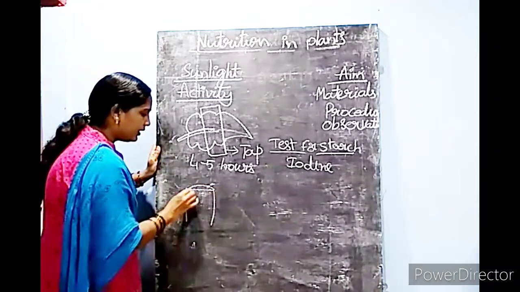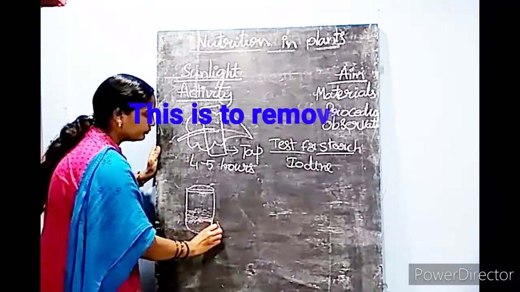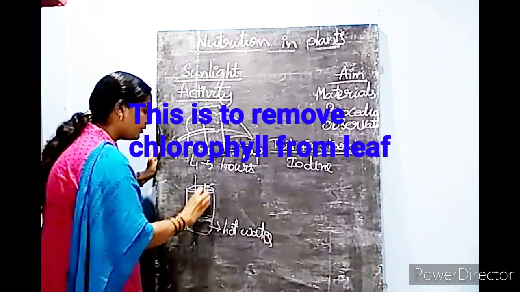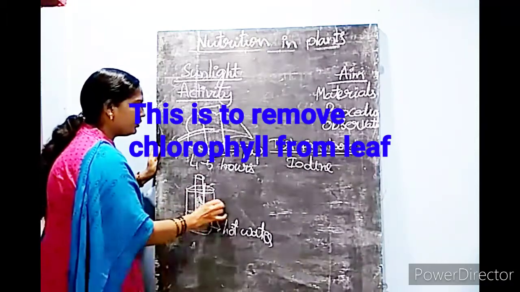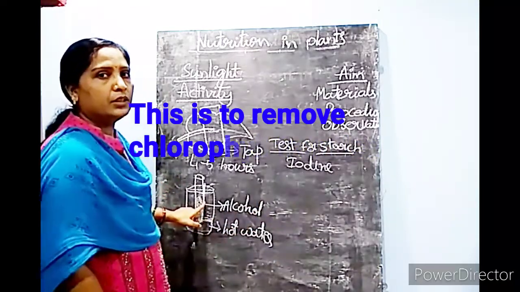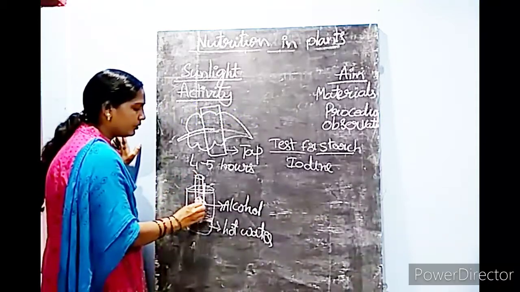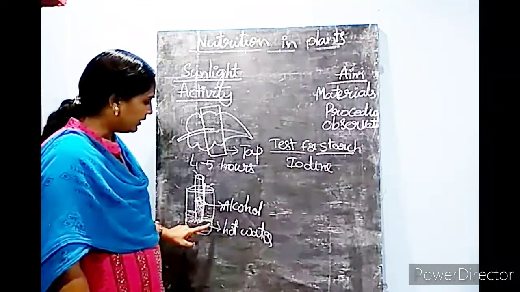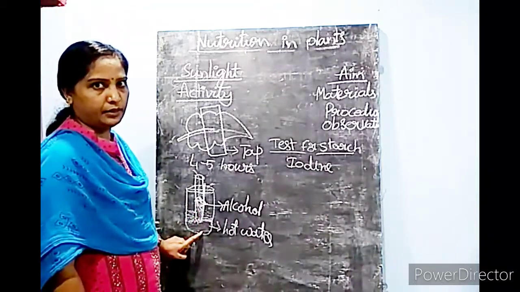Water bath means take hot water in a glass beaker, and in another test tube, take half a test tube of alcohol, okay, and keep this leaf inside this alcohol and let it boil in the alcohol in the water bath.